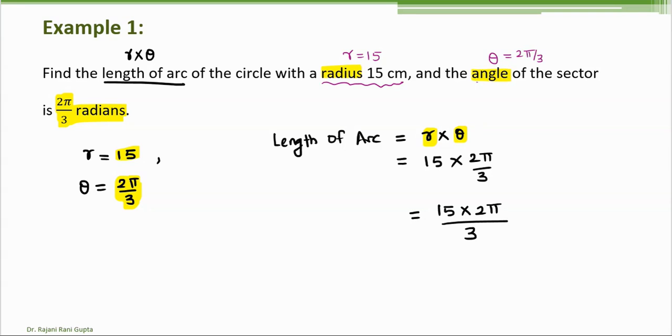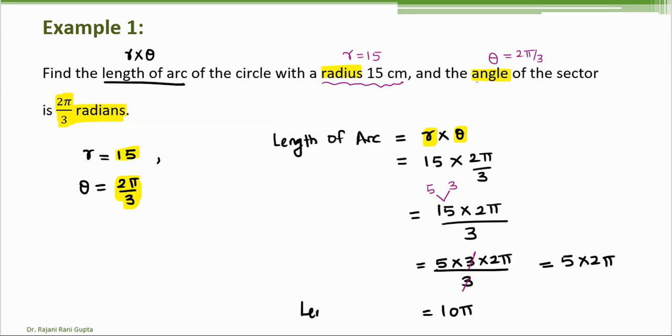Can we cancel 3 from the numerator? Yes, because we can write 15 as 5 times 3. So we get 5 times 3 times 2 pi over 3. Cancelling the same number, 3, from numerator and denominator, we get 5 times 2 pi, which gives you 10 pi.